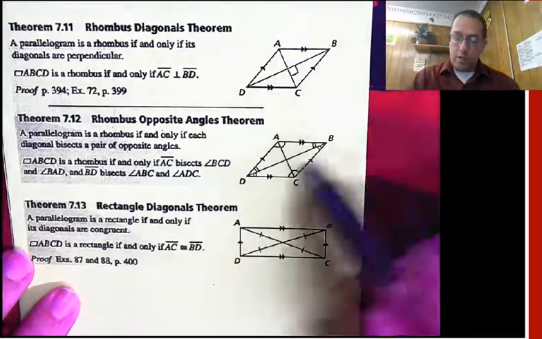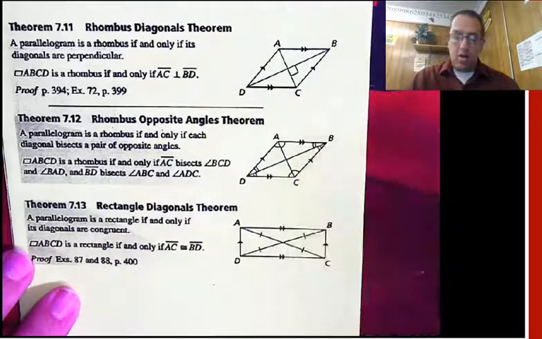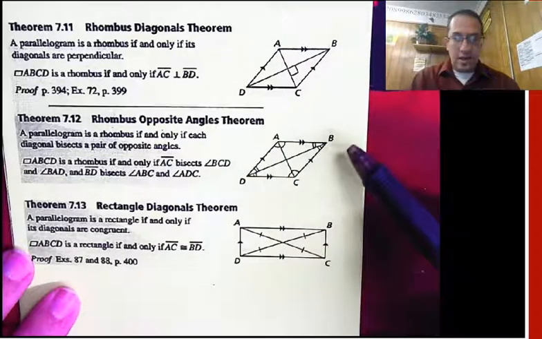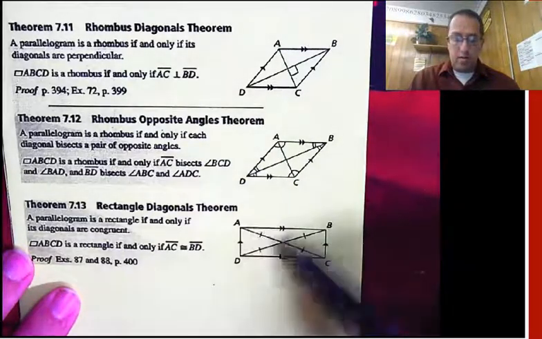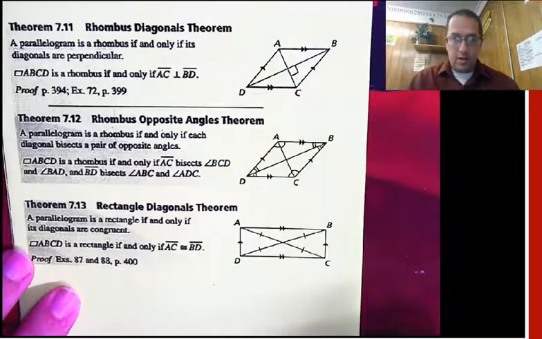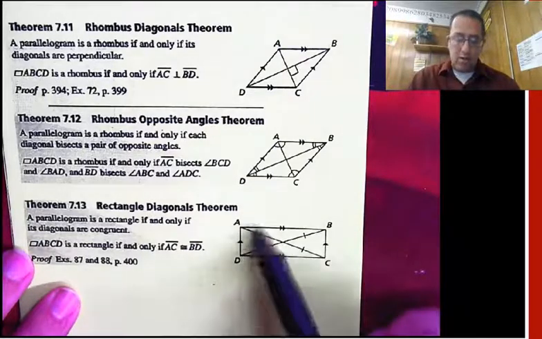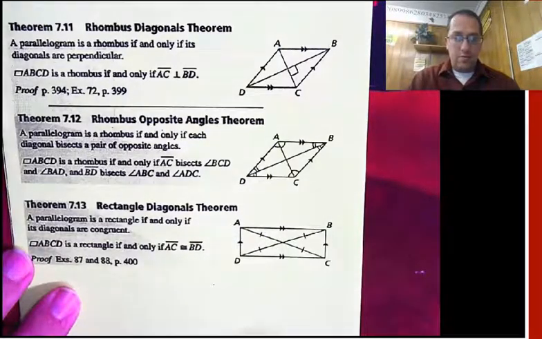With a rhombus, the diagonals are perpendicular and they are angle bisectors. Okay? A rhombus does not have congruent diagonals. A rectangle does not have perpendicular diagonals. Okay? The diagonals of a rectangle do not bisect the angles. All right? That's only for a rhombus.